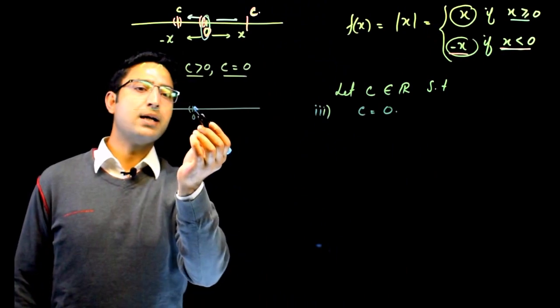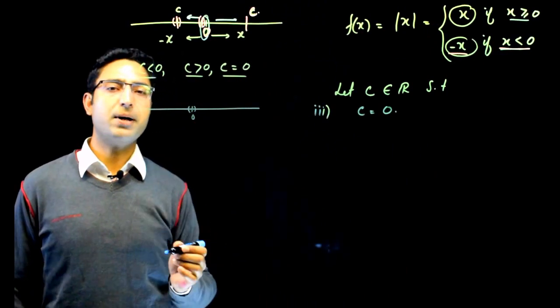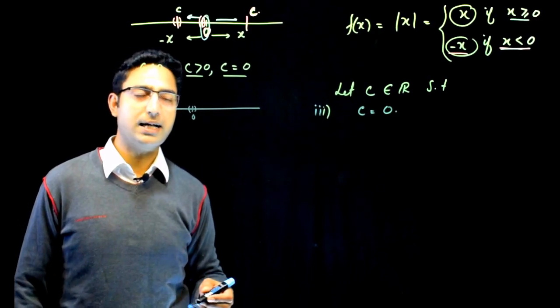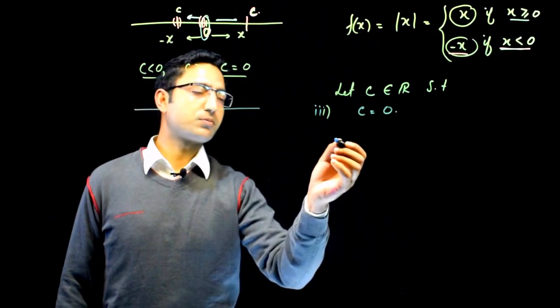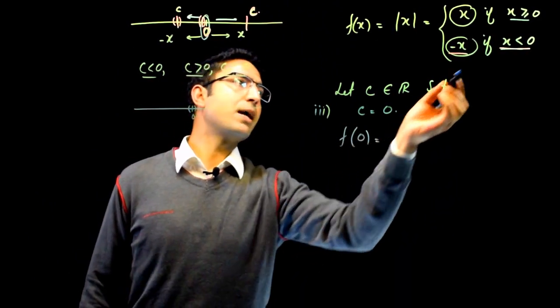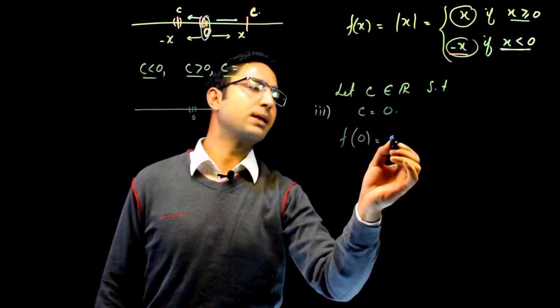So we have to take the left hand limit and the right hand limit separately and then see whether those limits are equal, and discuss the limit as a whole. So first we will look at f at 0. F at 0 will be equal to 0 simply.